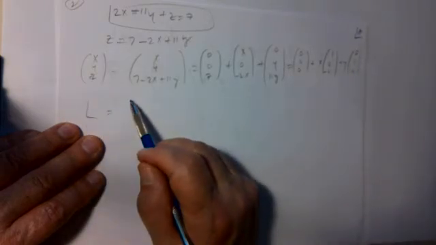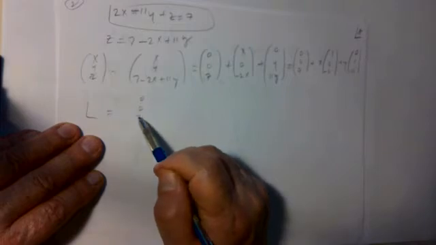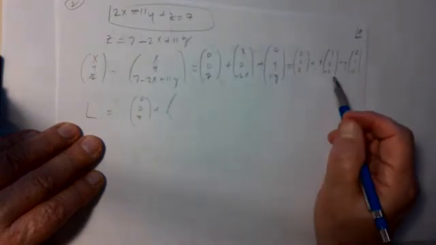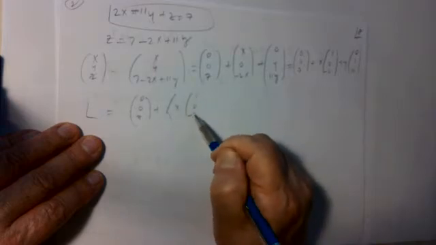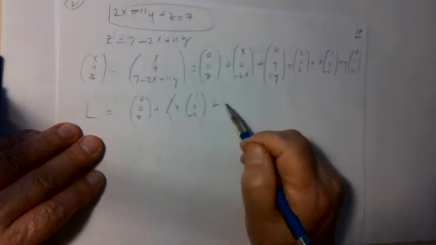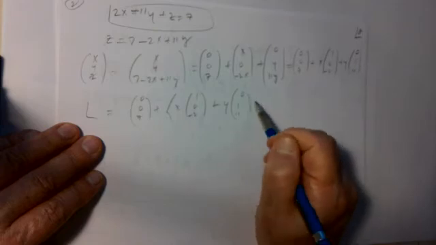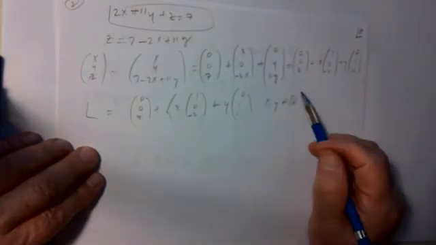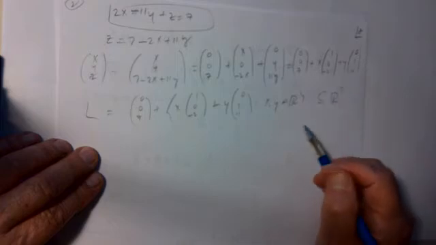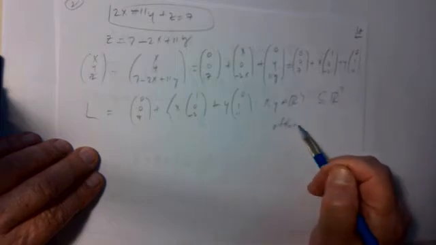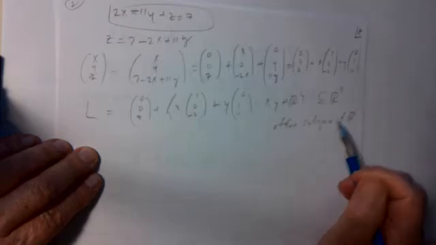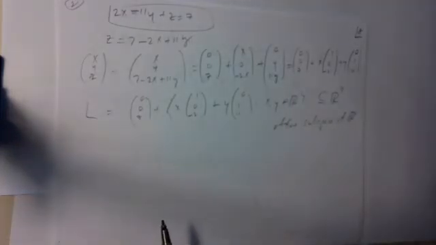So the solution space is the vector (0, 0, 7) plus the set of vectors that are linear combinations of (1, 0, minus 2) and (0, 1, 11) for all x and y in R. So this is an affine subspace of R3. Right? That's the answer.